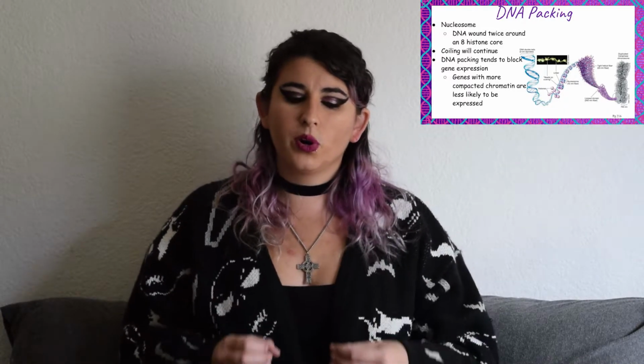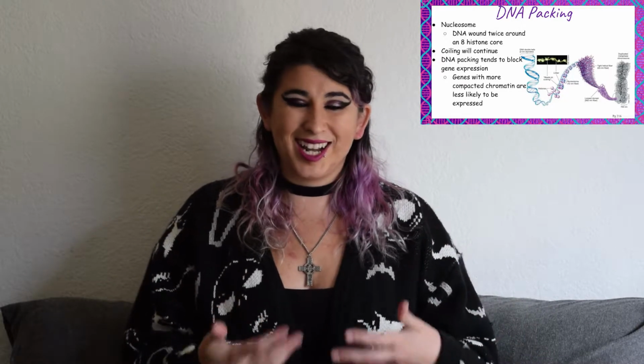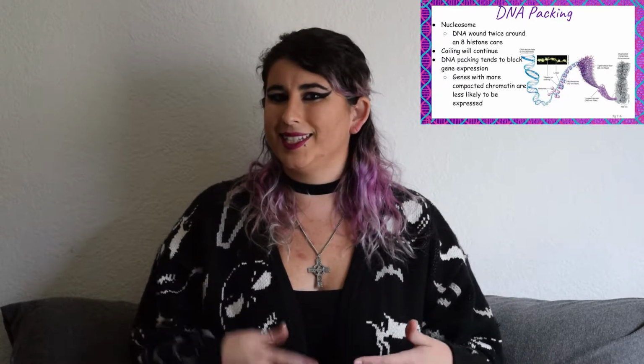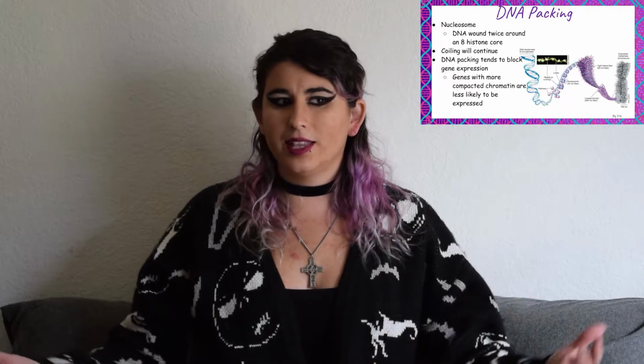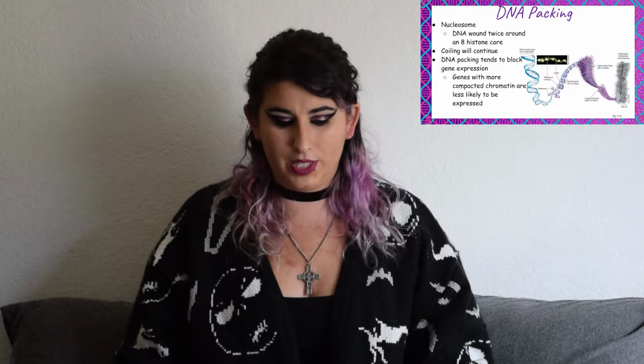And one important thing about DNA packing, because things are coiled so tightly, it tends to block gene expression because it's kind of difficult for RNA polymerase to get in there and begin that whole process of going all the way from DNA to protein.